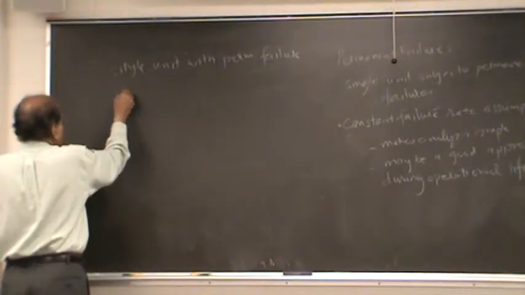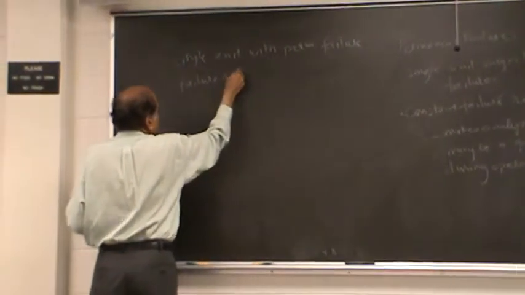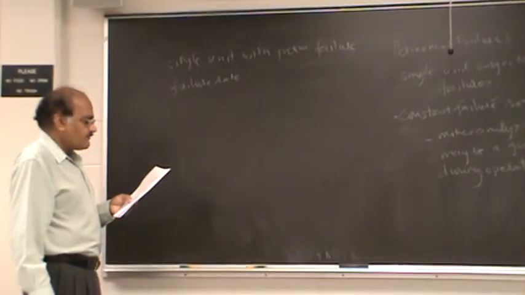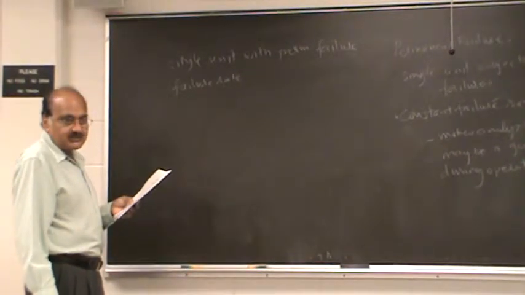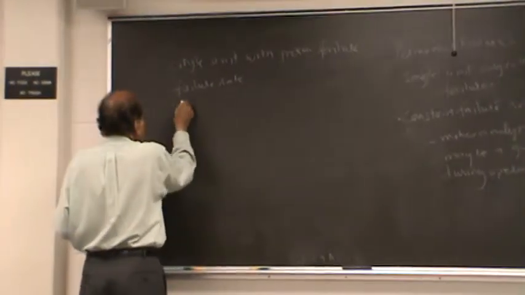Now remember, we are using the time failure rate, and failure rate has the unit of per unit time because it's a rate. And we are assuming constant failure rate.